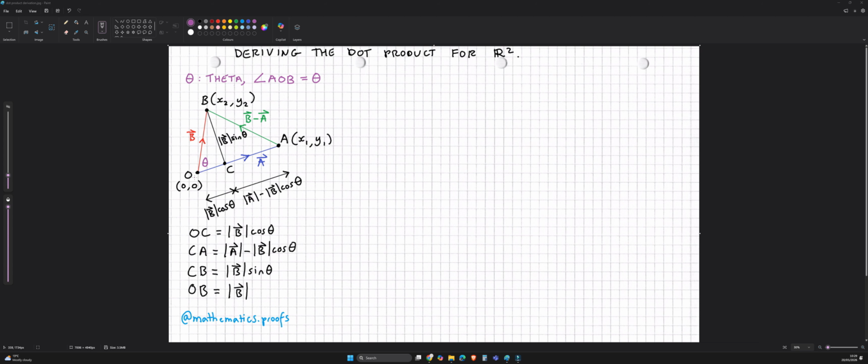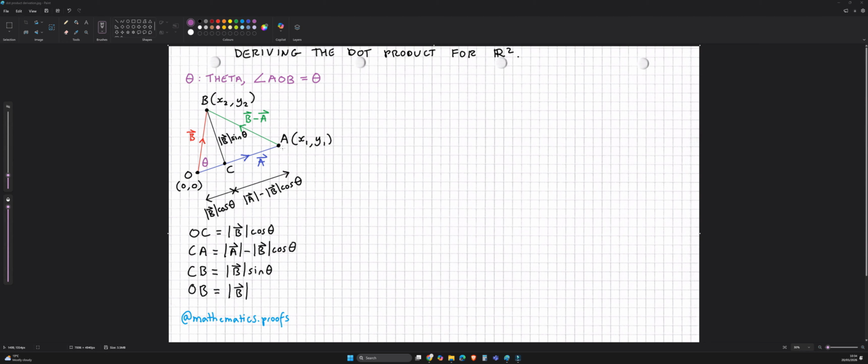Another thing to note is the magnitude of OA is the magnitude of A. That means the magnitude of CA is the magnitude of A minus the magnitude of B cos theta. So our diagram is neatly in place, but there's more work to do if we want to generate our proof.